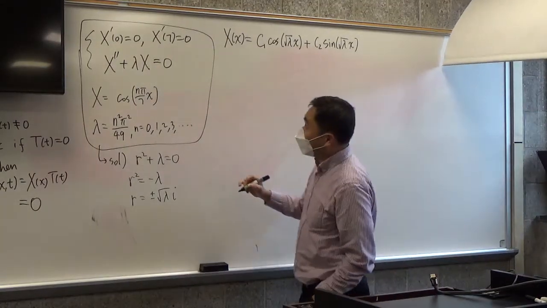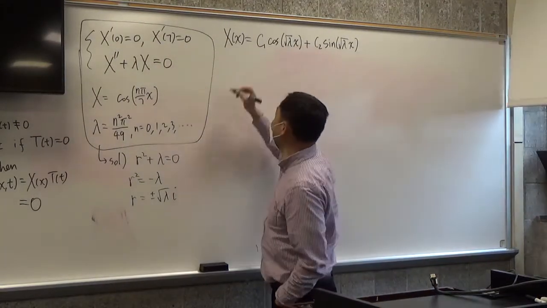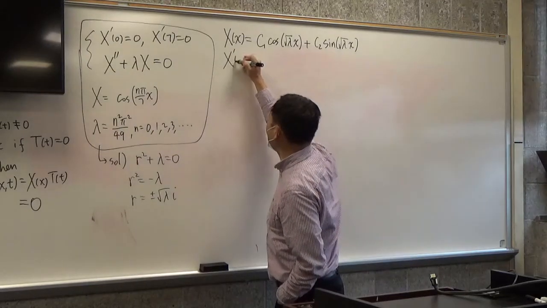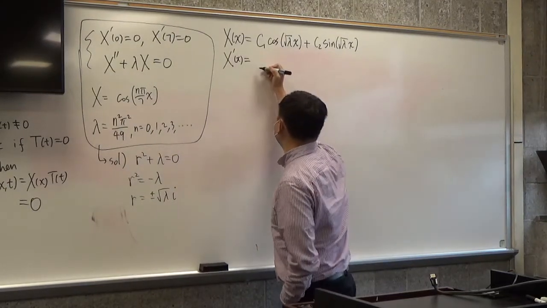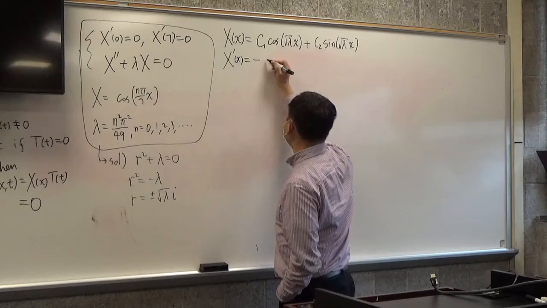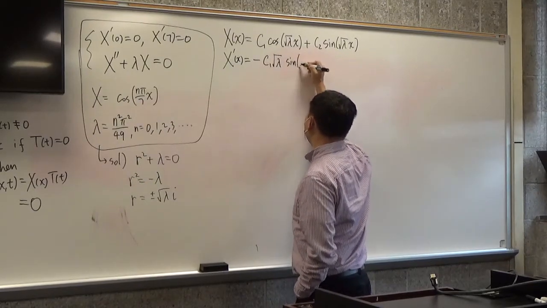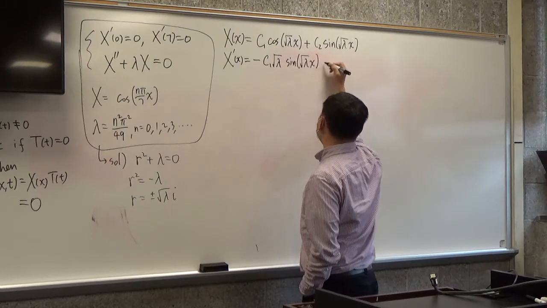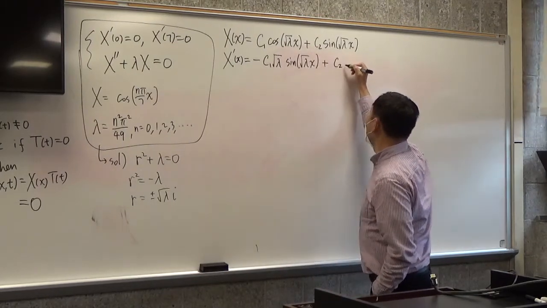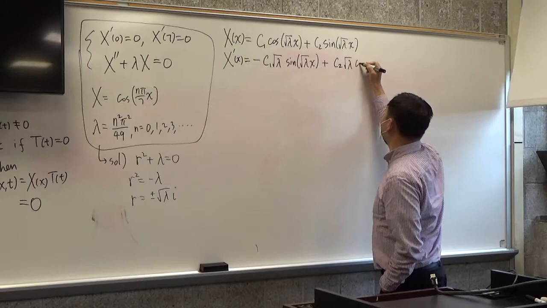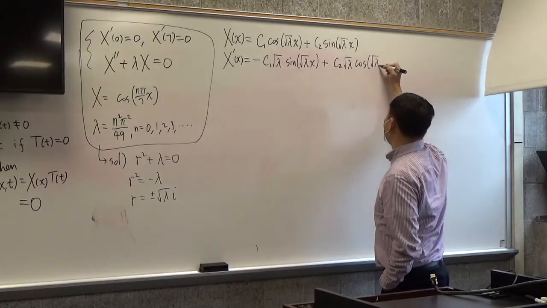Now we apply the boundary conditions. Oh, to apply these boundary conditions, I need to differentiate. So let's differentiate once. You get negative c1 times square root of lambda sine of square root of lambda x plus c2 times square root of lambda times cosine of square root of lambda times x.